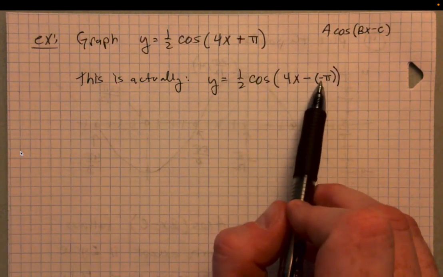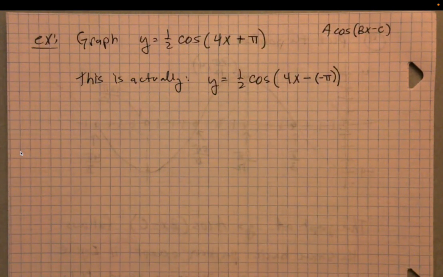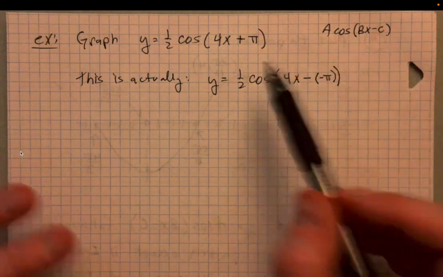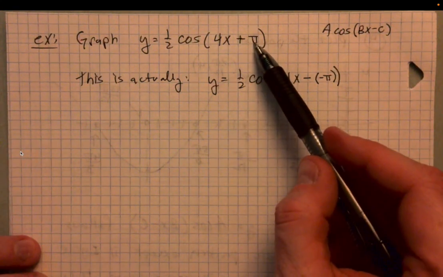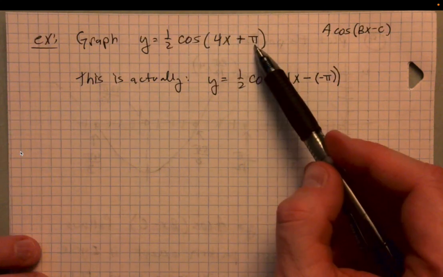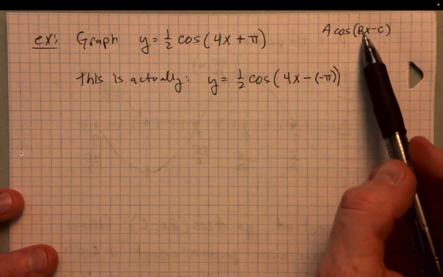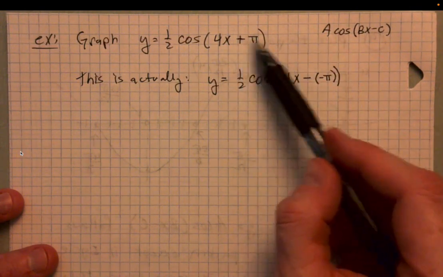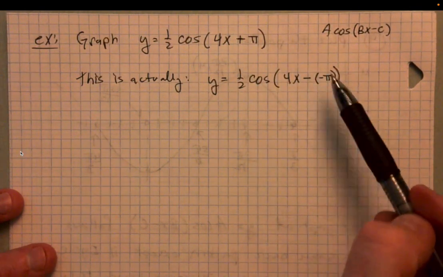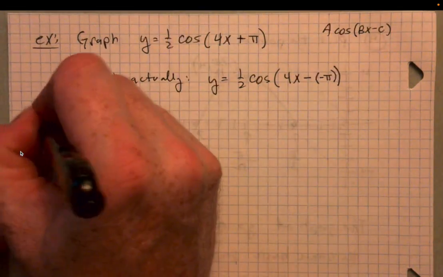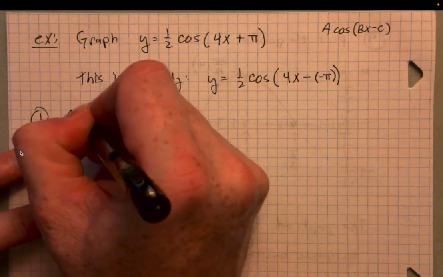Everything will work out fine if you do that. If instead you think of c as being pi, then you will be incorrect. You will be going in the wrong direction, because this form says minus c, and this is plus pi, so you need to write it as minus negative pi.